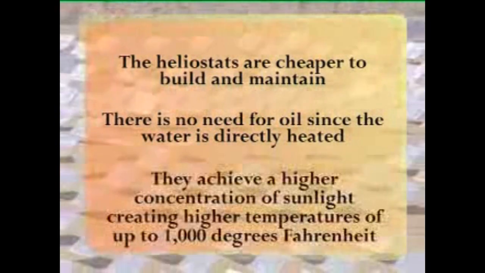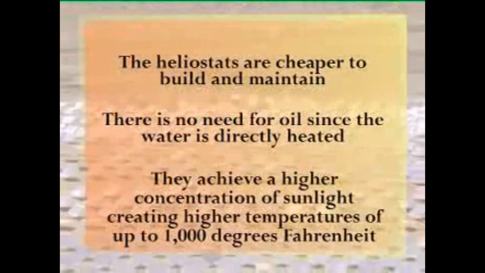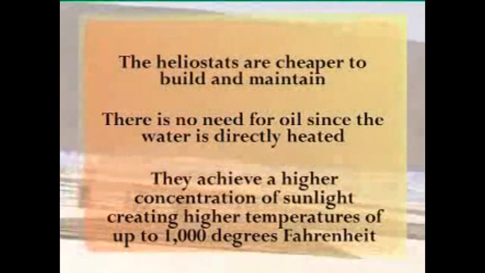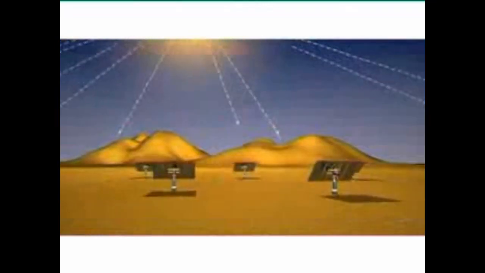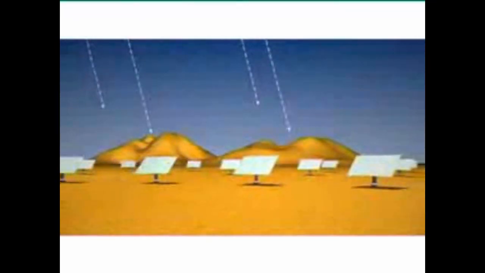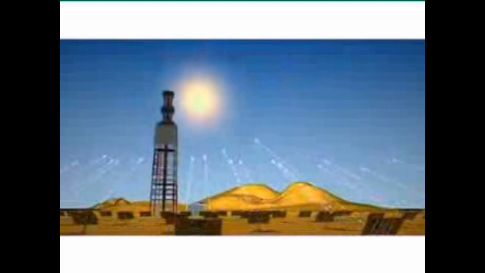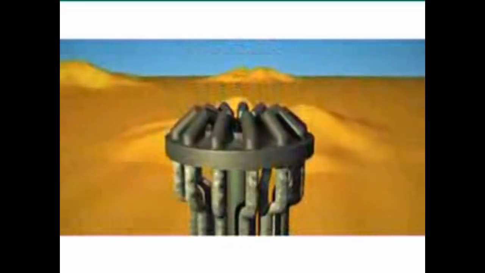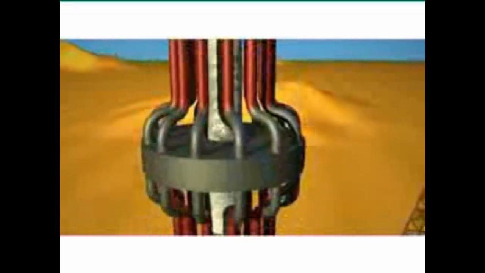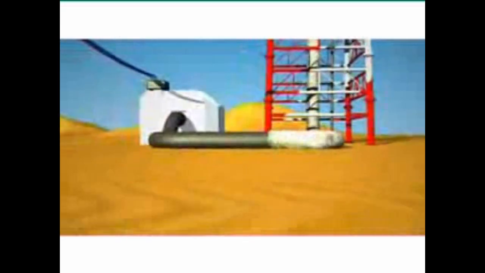Bright Source's exclusive technology is more efficient than any other technology in 3 specific ways, according to the company. The heliostats are cheaper to build and maintain. There's no need for oil since the water is directly heated. They achieve a higher concentration of sunlight, creating higher temperatures of up to 1,000 degrees Fahrenheit.